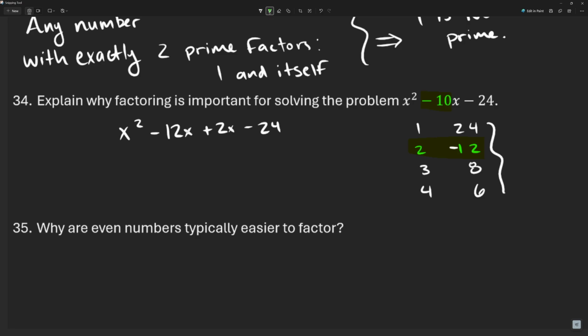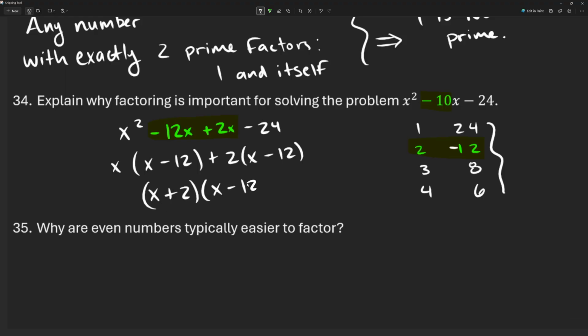When we're trying to factor this, you rewrite that negative 10x as these two factors. It's kind of an interesting little puzzle. You factor out that x, you get x minus 12. You factor out this 2, and you get x minus 12. And how cool is that? It's like a puzzle. Very interesting and cool, right?